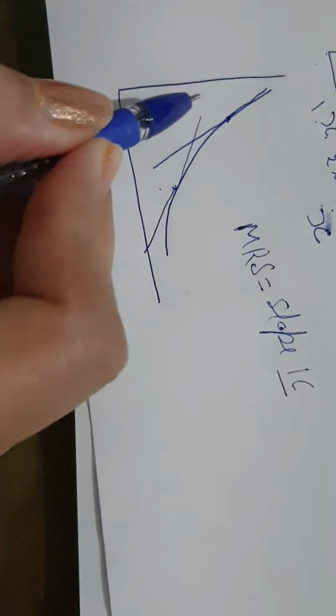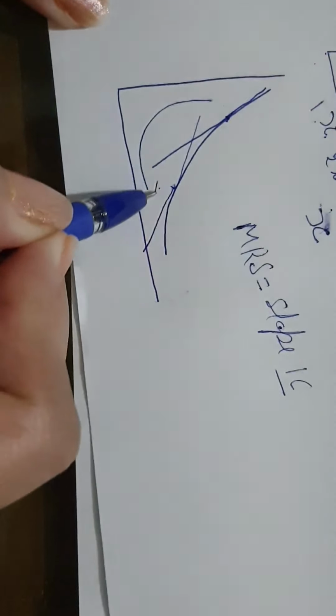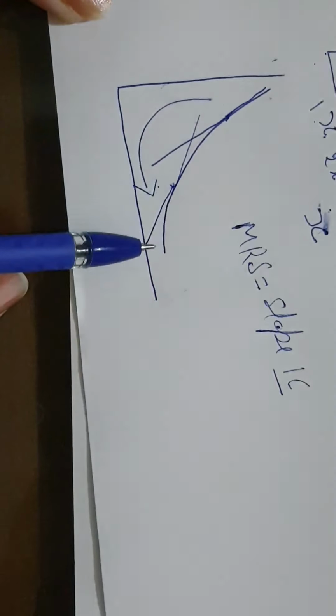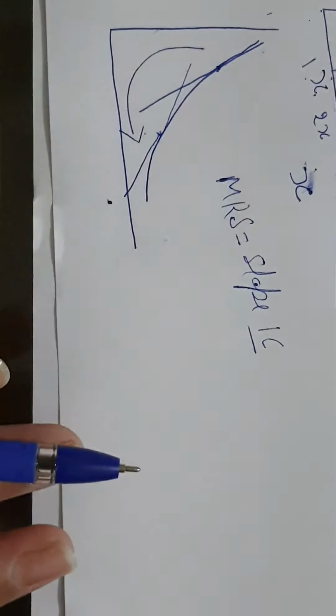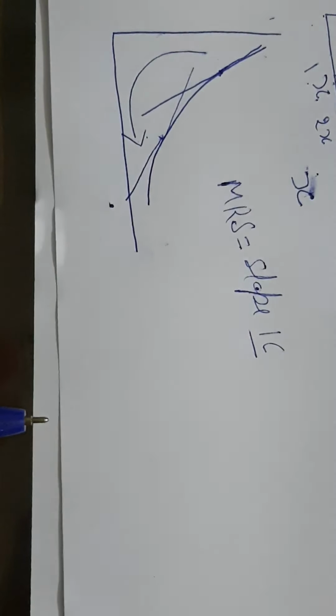So as you move from here to that side, the slope of the indifference curve is decreasing, and slope is also called the marginal rate of substitution. So we can say that the marginal rate of substitution is decreasing. So the indifference curve is a very important tool we will use in this topic. So let's talk about its properties.